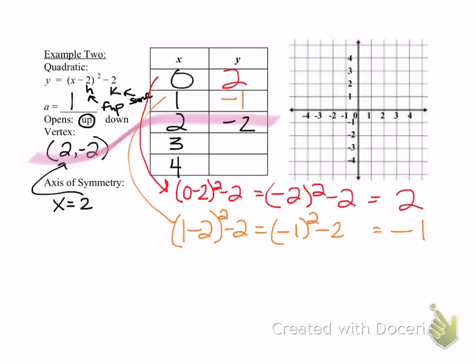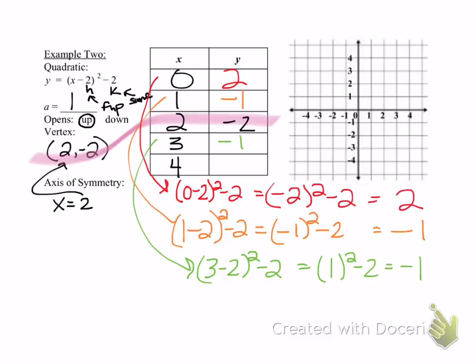Then we're doing 3. So we plug in (3 - 2)² - 2, which gives you 1² - 2, which gives you -1. And again, those should match. So then that means when we plug in 4, we should get 2.